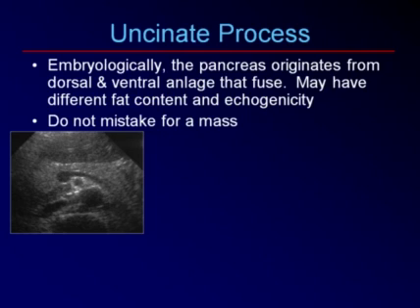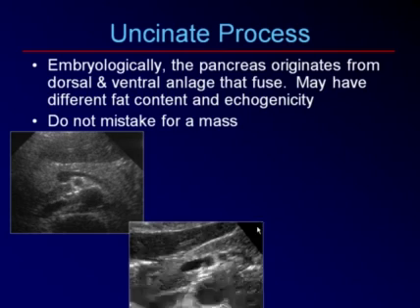Now, the reason it has different shades is some investigators tell us that there is different fat content within this mass, therefore different echogenicity. The important thing here is not to mistake this for a mass. Notice it has a fairly straight edge of demarcation.